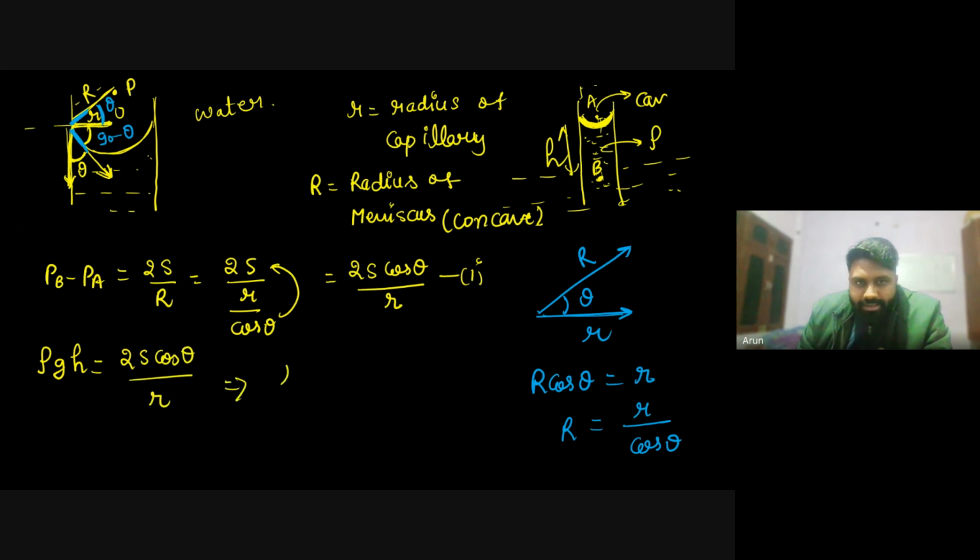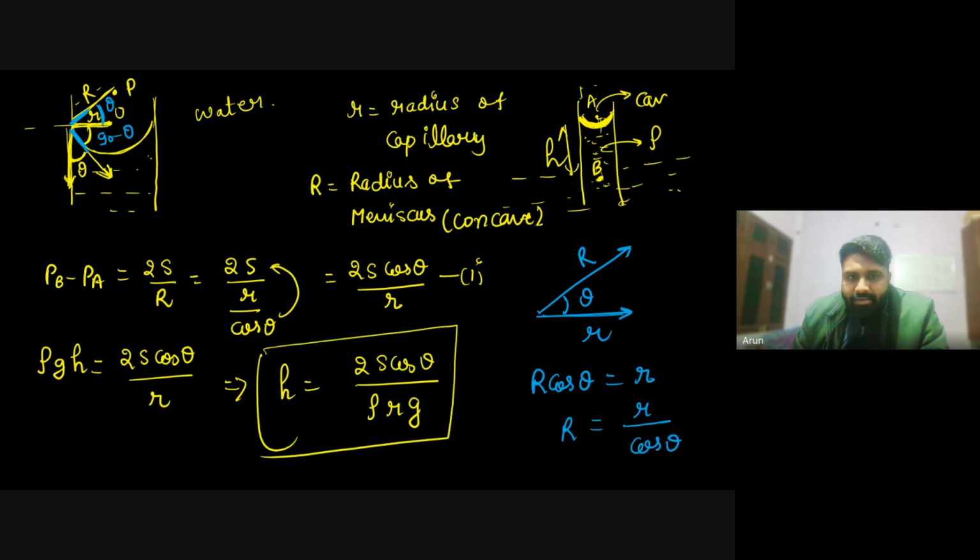Now h becomes 2S cos theta divided by rho r g. This is the formula for rise in capillary. Got it? This is the formula for rise in capillary, so note it down.